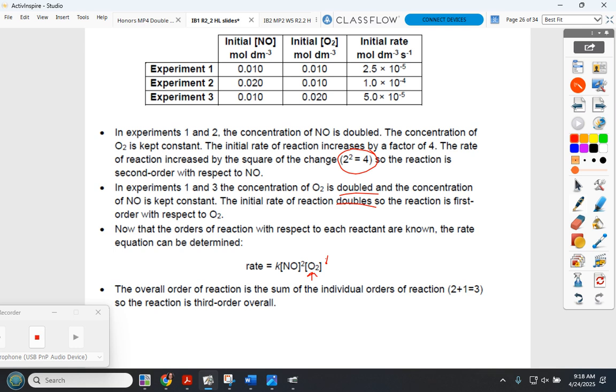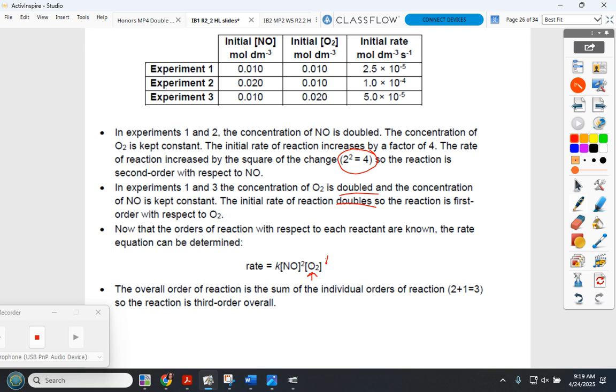Now what's cool about this is we have all this rate data. Because we have these rate data and now we have the expression, we can solve for K. And we can find out what the rate constant is under these conditions.